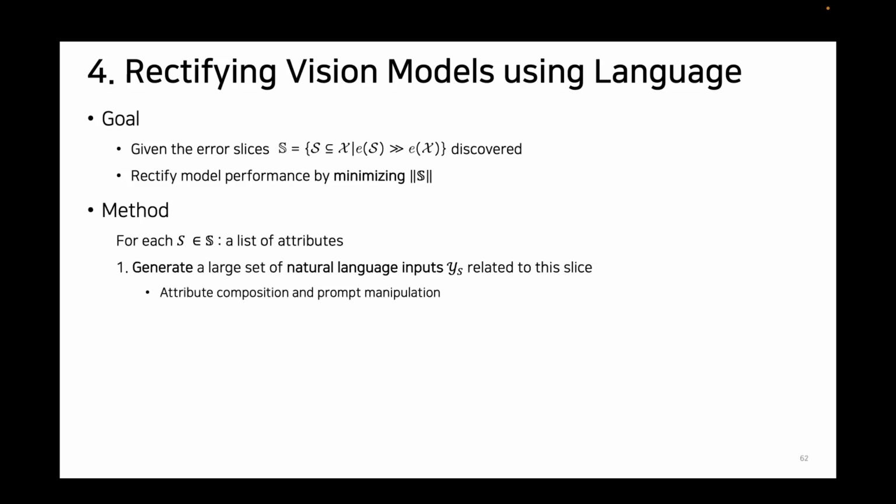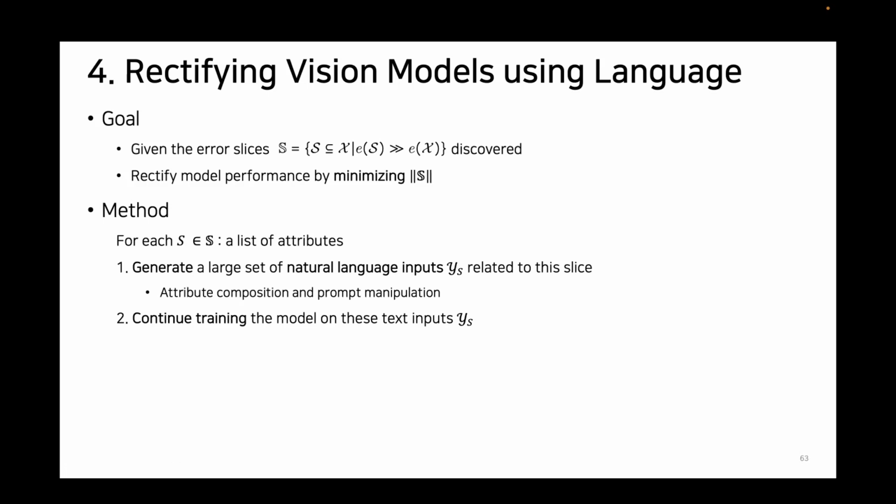So the method is as follows. For each list of attributes, we can generate a large set of natural language inputs related to this discovered slice by some attribute composition and prompt manipulation. And then we continue the training of the classifier on these generated text inputs.